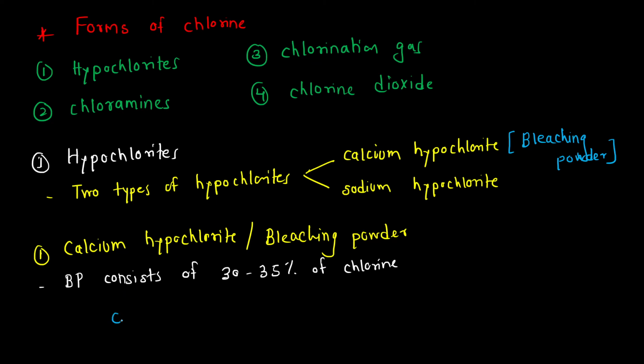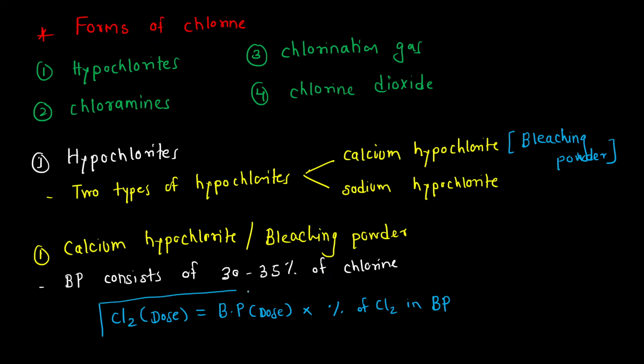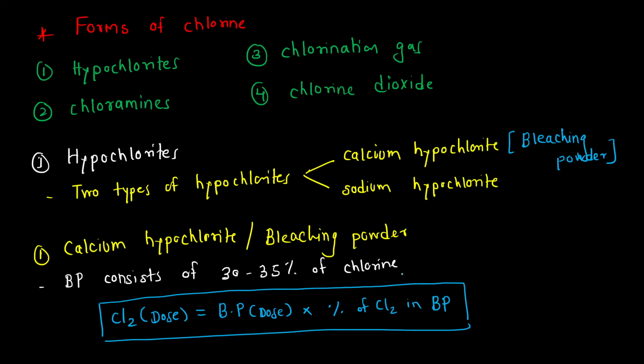And chlorine dose is equal to bleaching powder dose multiplied by percentage of chlorine in bleaching powder. And what is the percentage of chlorine? It is around 30 to 35%. It will be given in the question.